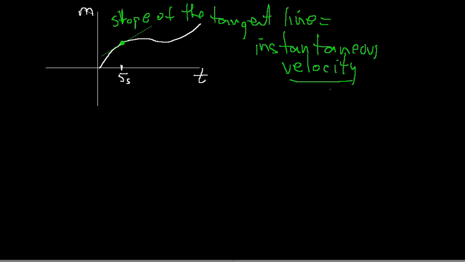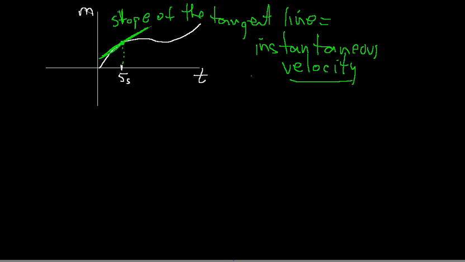That you need to remember. The instantaneous velocity can be found from the slope of a line drawn tangent to the position versus time curve at any point in time. So here you see at 5 seconds you've got a positive slope, and if you take the value of that slope, you'll find the instantaneous velocity.